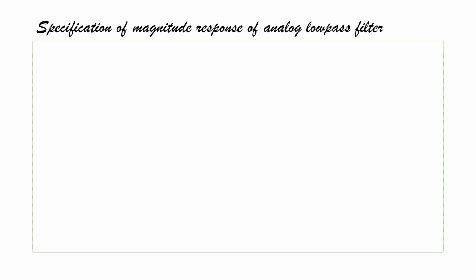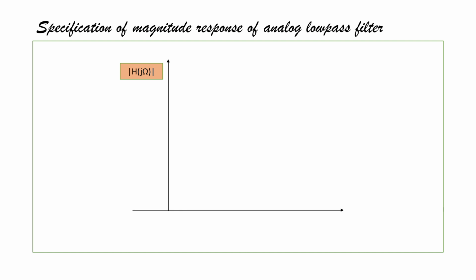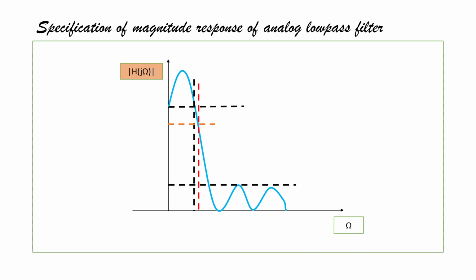Now we explain the specification of magnitude response of analog low-pass filter. The y-axis is represented by |H(jω)| and the x-axis is represented by omega. This is the maximum value, starting with 1. In this position, the value is 1 by root over of 1 plus epsilon square.